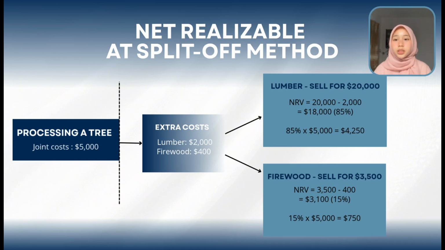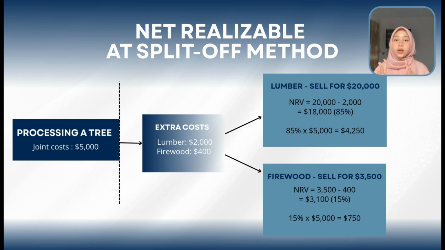After subtracting its $400 extra cost, firewood's net realizable value is $3,100. Combining both numbers gives us a total net realizable value of $21,100. Based on this ratio, lumber holds 85% of the total net value while firewood holds 15%.